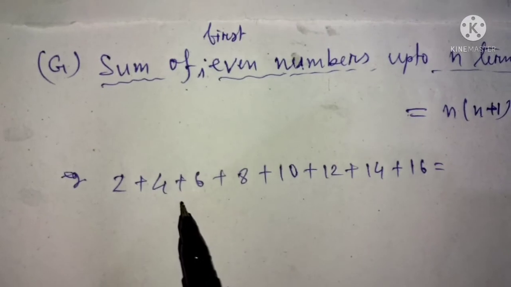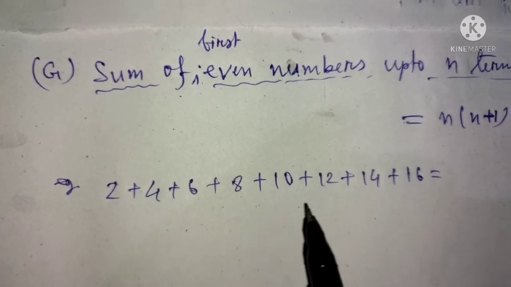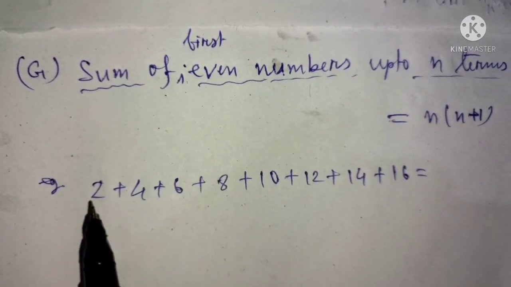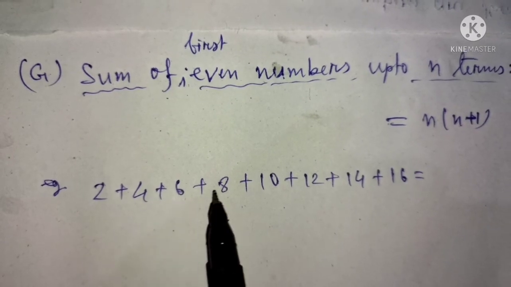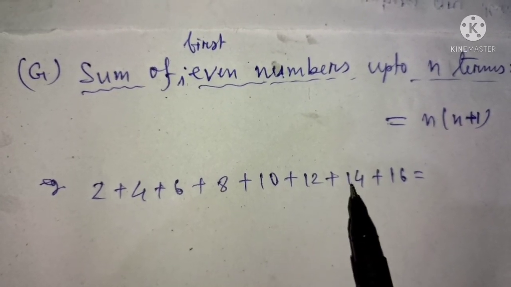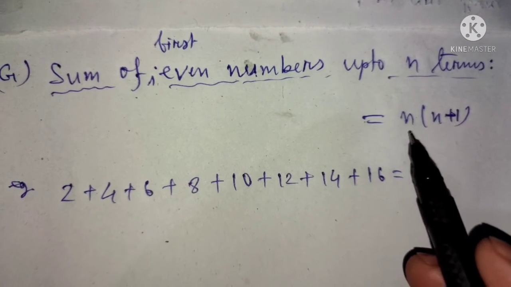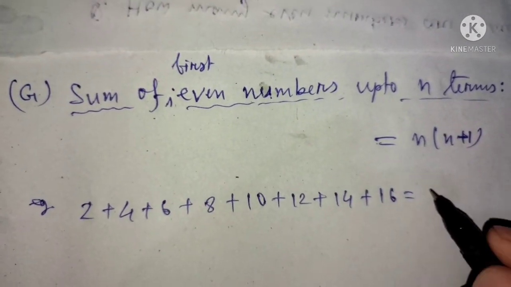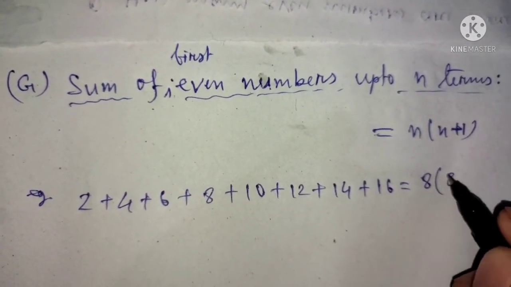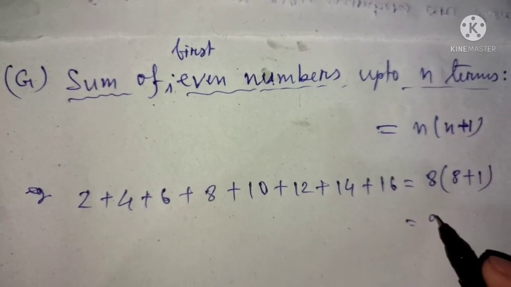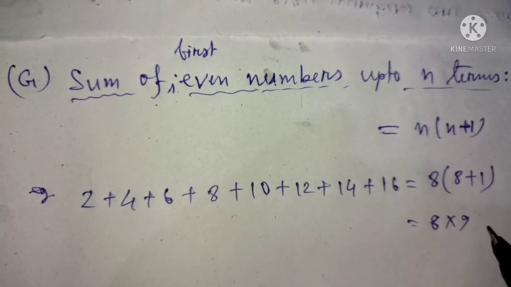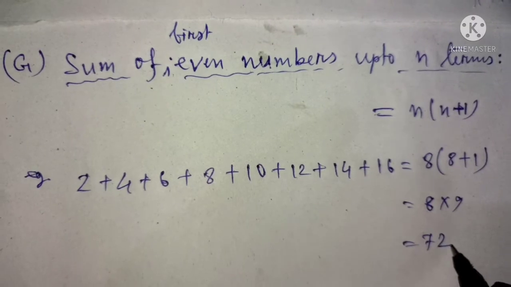In this case we have to count how many even numbers are here consecutively: 1, 2, 3, 4, 5, 6, 7, 8. That means your n is replaced by 8. This is 8, and then 8 plus 1, 8 into 9, and this is 72.